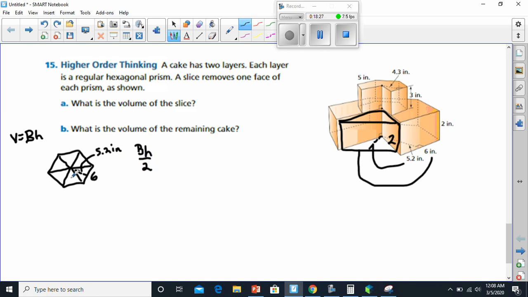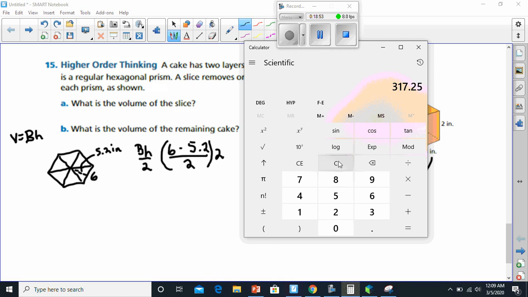The base is going to be 6. The height is going to be 5.2. And we're going to divide that by 2, and then we're still going to have to multiply that whole base by 2. Really, if we're multiplying by 2 or dividing by 2, we can almost cancel these out, but I'm going to go through the whole thing with you just to make sure you understand it.